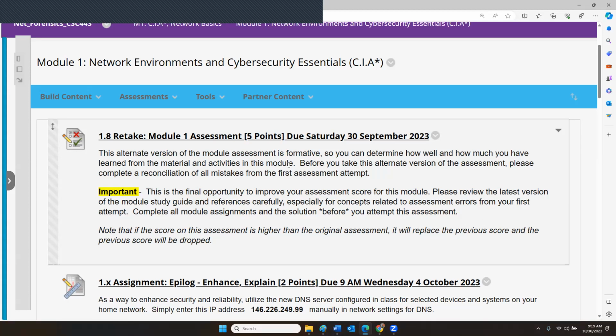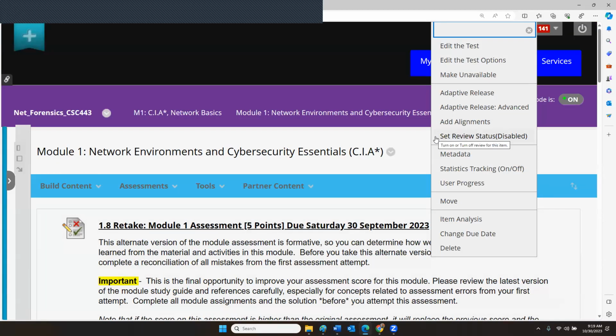I think what I'm going to do is double check to make sure everything on the assessment items is in place here. So right after class, I'm going to take another look at this. I think what I'll do is make that unavailable.